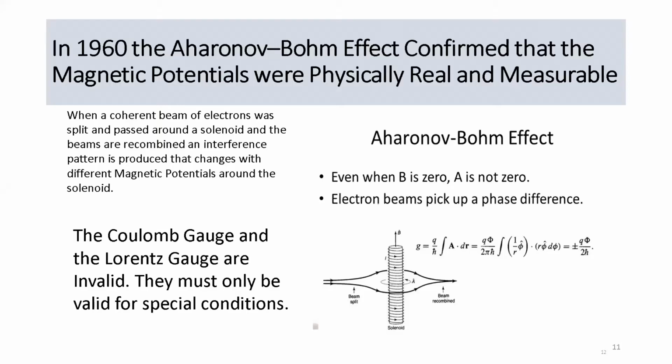The beam changes its phase. So these magnetic potentials are affecting a beam of electrons in this case. So at that point, the Coulomb gauge and Lorentz gauge are invalid. I mean, they must only be valid under certain conditions. And that should have been fed back into physics way back when, in the 60s, especially since this is not the only experiment that has proved this effect, that the scalar potential is real and can be measured. This is just one of the first ones.